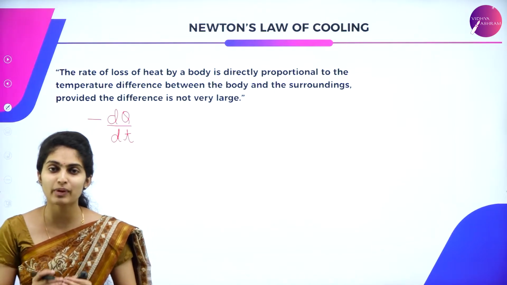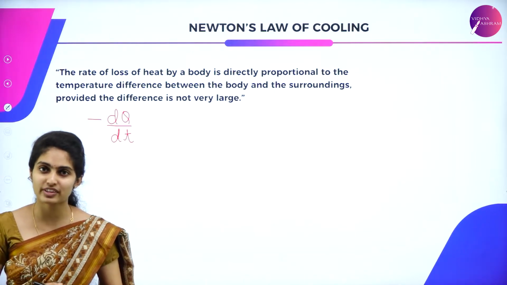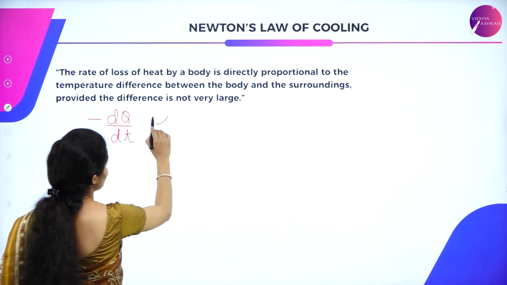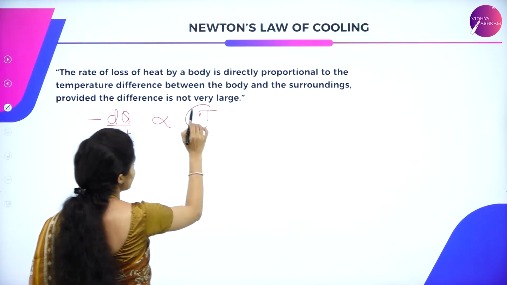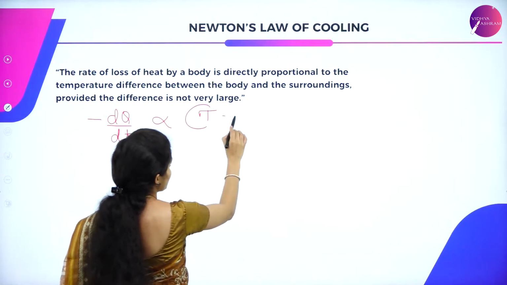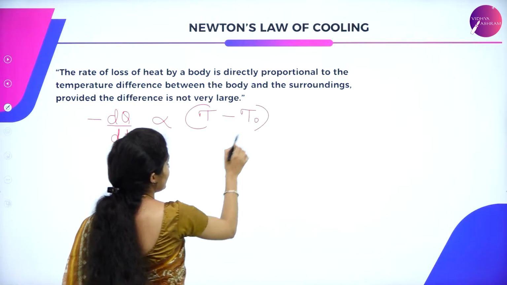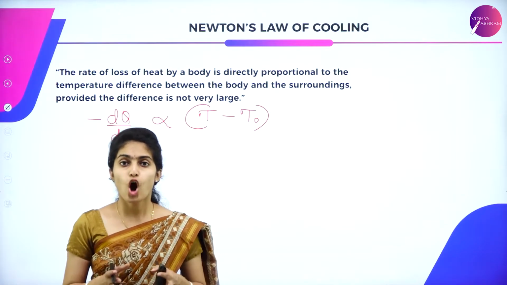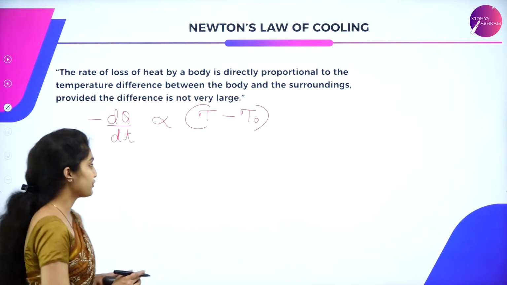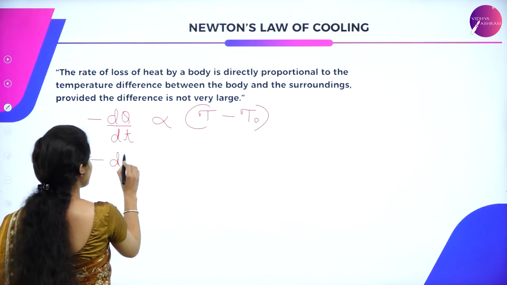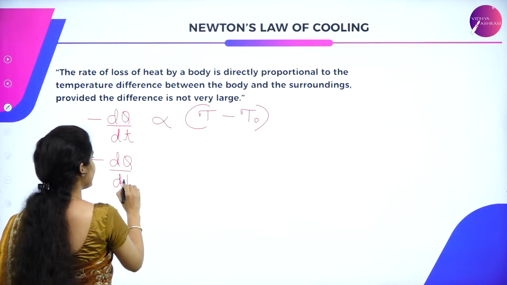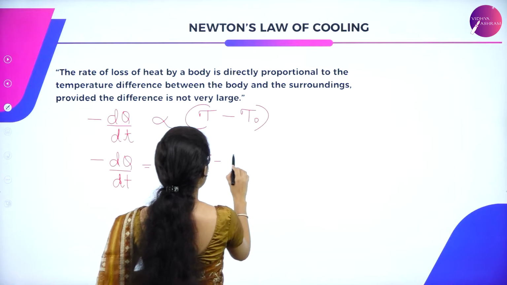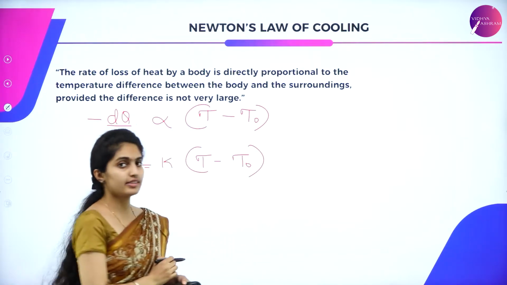So minus dQ by dt means loss of heat with respect to time, which is directly proportional to the temperature difference, from the actual temperature T to T naught, the temperature of the surroundings. Now on removing the proportionality constant, we have minus dQ by dt is equal to k into (T minus T naught). So we have this equation.